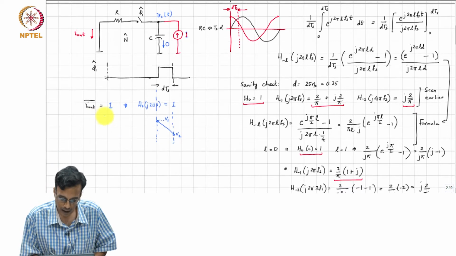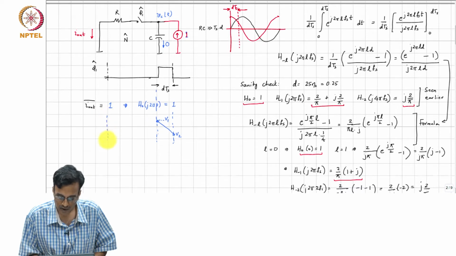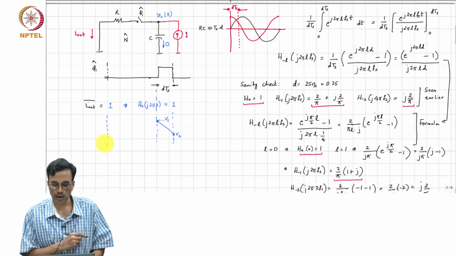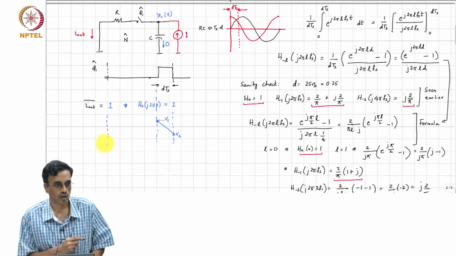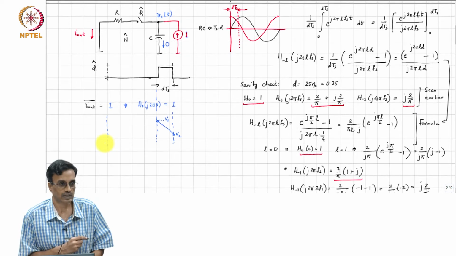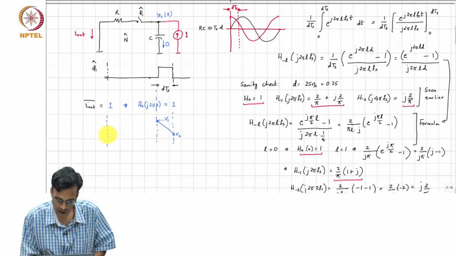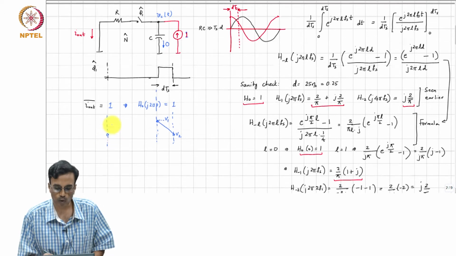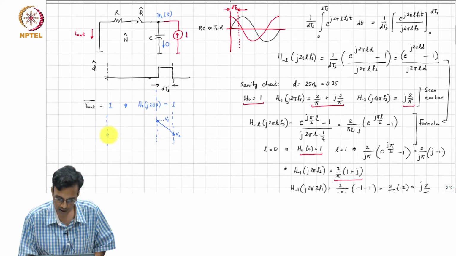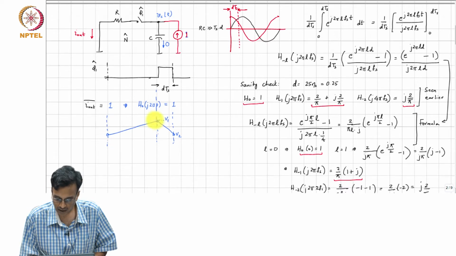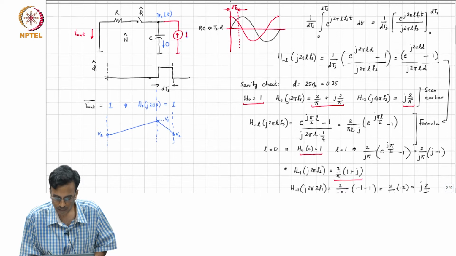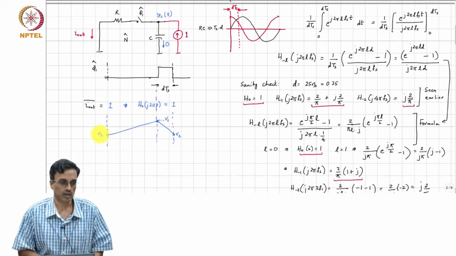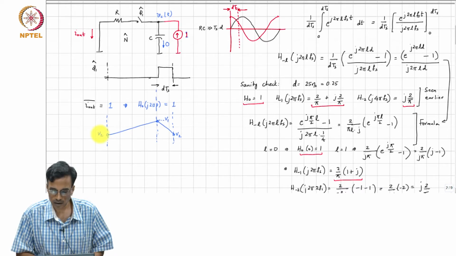And when the switch is off, what comment can you make about the capacitor voltage? It will increase. From where? It will start at V2, because remember it is in steady state. So, the voltage across the capacitor is also periodic, and therefore, it will start at V2 and reach V1, correct.